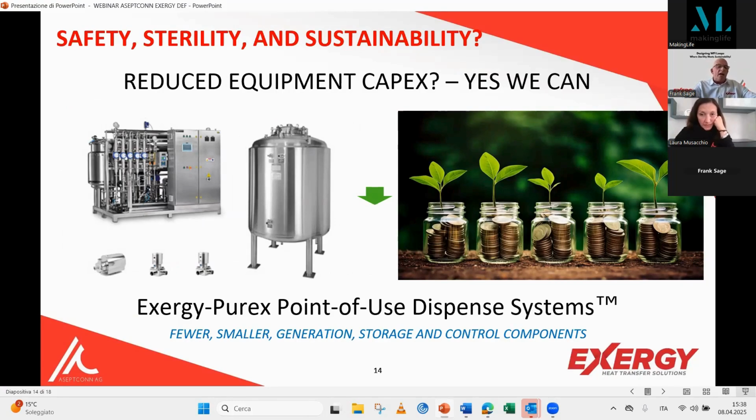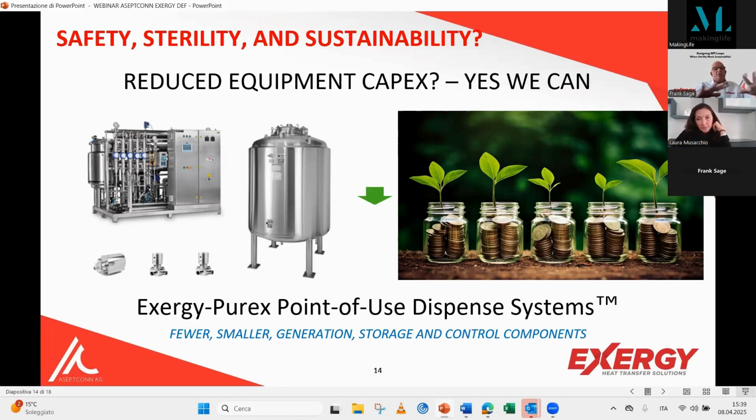And we have many case studies that we can discuss where we can show that this has taken place. These are considerations that may not always be visible when conventional thermal WFI loop designs are considered, or when thermal WFI generation is considered.